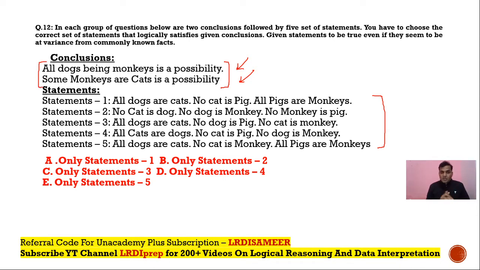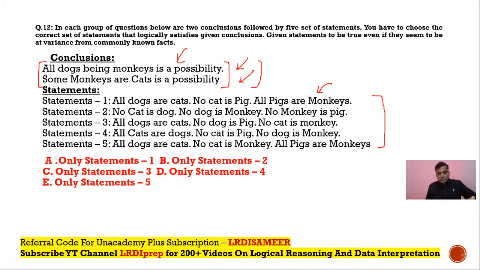So the direct method, the shortcut method of solving this question is to draw a Venn diagram of conclusions instead of drawing the Venn diagram of all the statements, because if I keep on making the Venn diagram of all of these five statements and then cross check in which of these graphs these two conclusions will follow, it will take a lot of time.